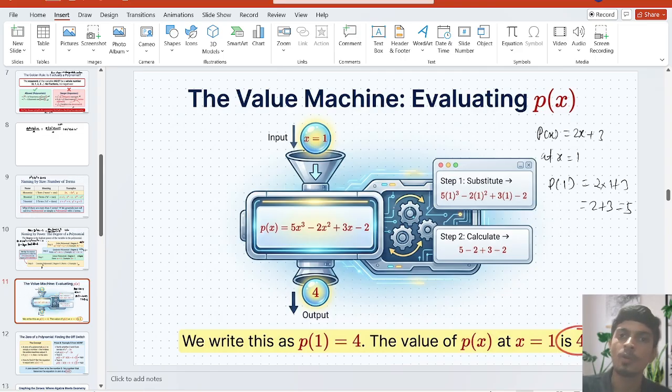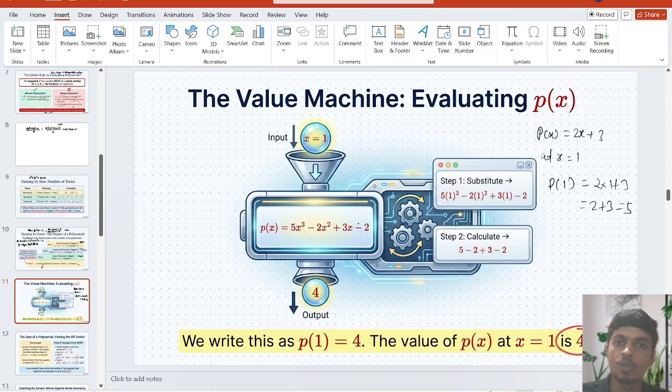Now the polynomial is treated as a value machine. For example, this is a machine and it acts as the polynomial p(x) equal to 5x cube minus 2x square plus 3x minus 2. If we take input as x equal to 1, what do we get as output?